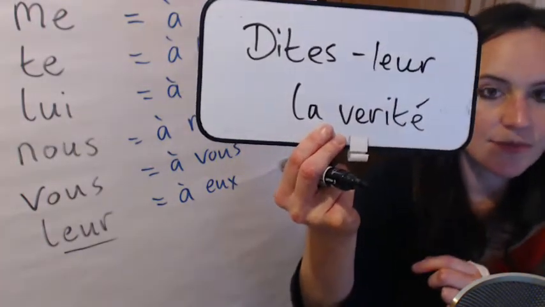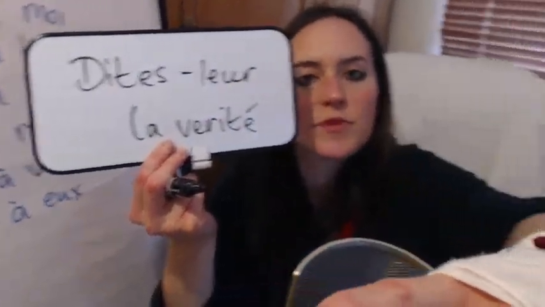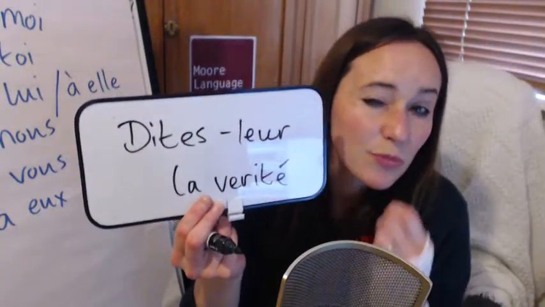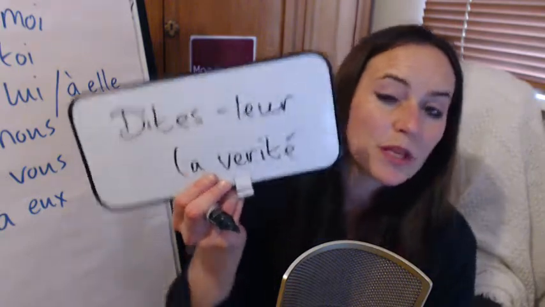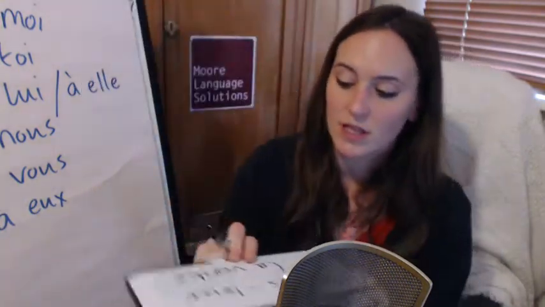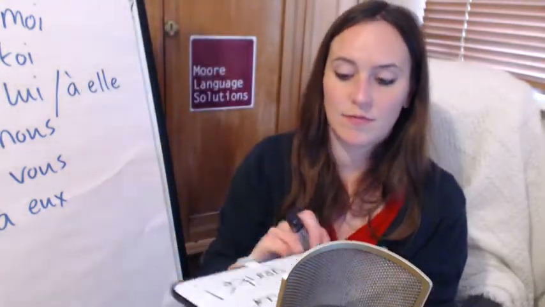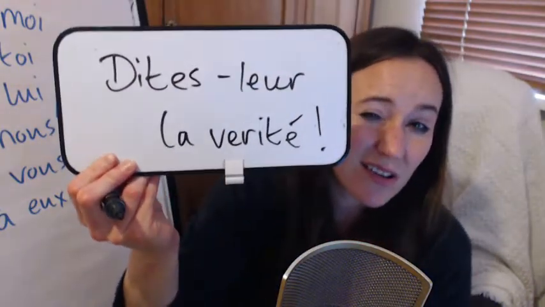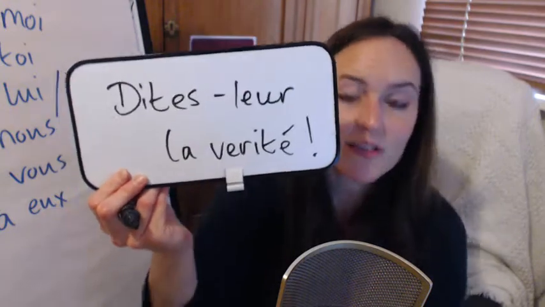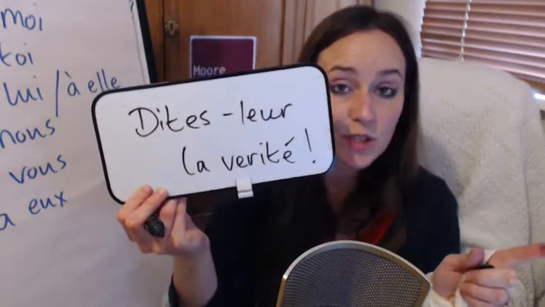So, dites leur la vérité. Dites-leur la vérité. Now, in the examples we had before, I said to put the pronoun that replaces to someone in front of the verb. So what's different here? Yeah, that exclamation should give it away. It's a command, it's an order, it's the imperative. Tell them the truth is telling someone to do something.